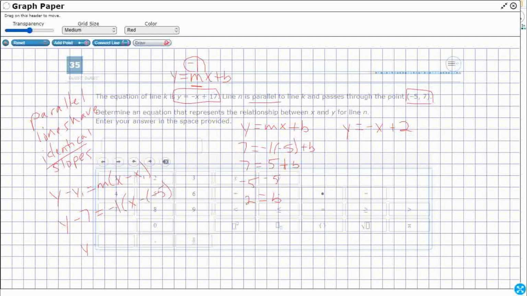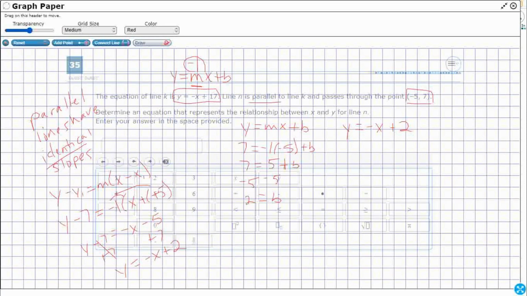Right, so it's y minus 7, we distribute this out, equals -x. That's minus -5, so that's a plus 5, times -1 is going to be -5. We just need to add 7 to both sides. You're going to get the same thing. Y equals -x plus 2.